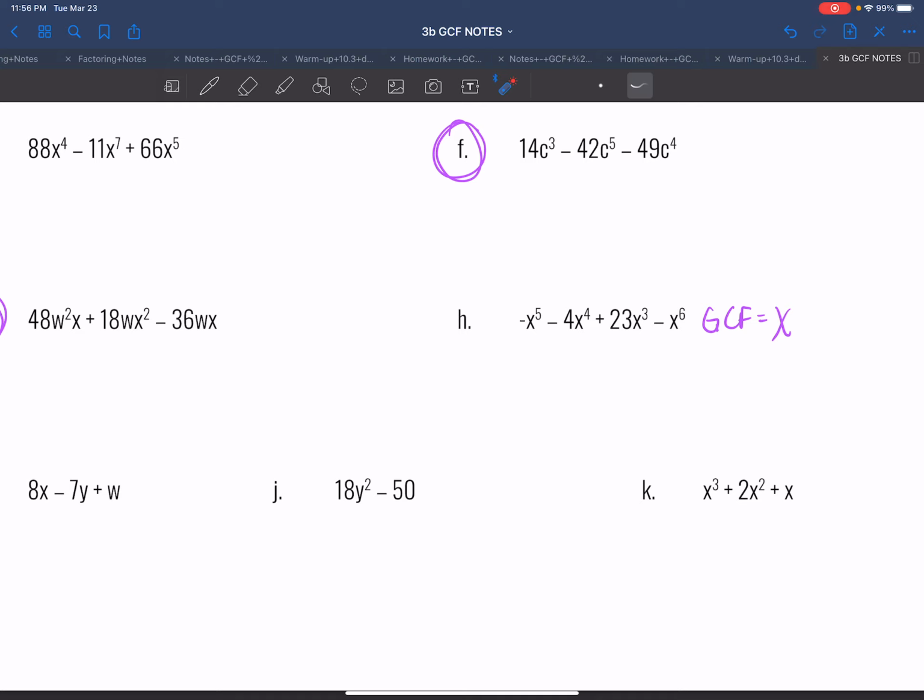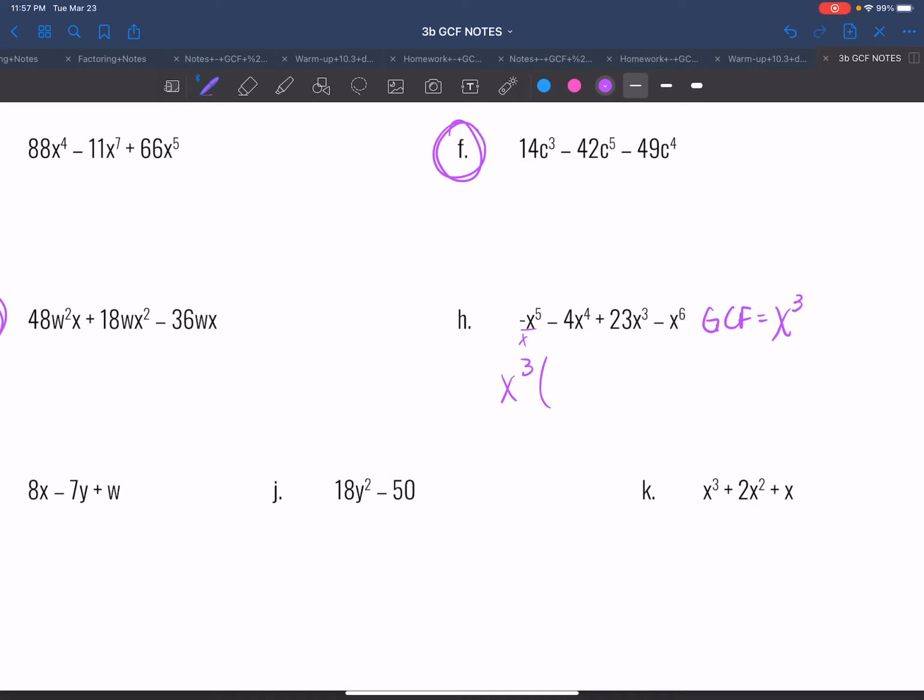I want to make sure I factor out as many as I can. So remember, we'll check the exponents, and 3 is the smallest exponent, so x to the 3rd would be my GCF. So that goes in the front.